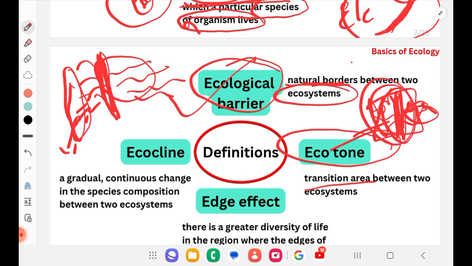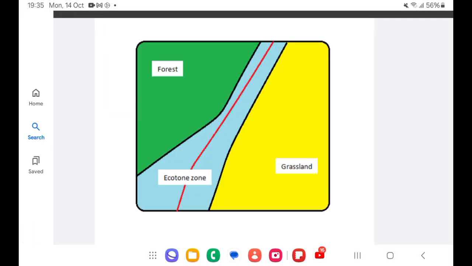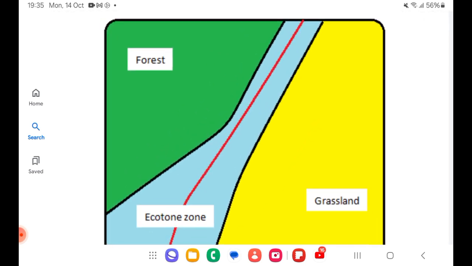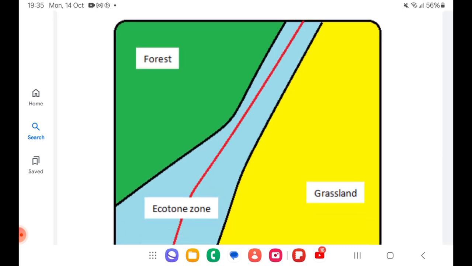That transition zone is called ecotone. You can see here between forest and grassland there is a boundary. That barrier is also a transition, right? This transition zone is called ecotone. Before entering grassland and before entering forest ecosystem, you have that merged ecosystem, right? That is the transition zone, said to be ecotone.